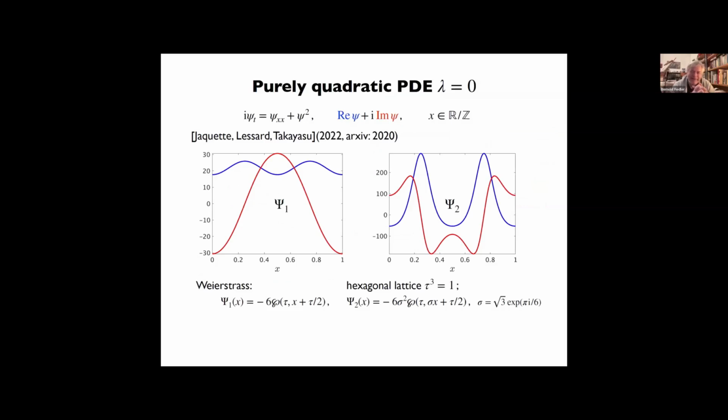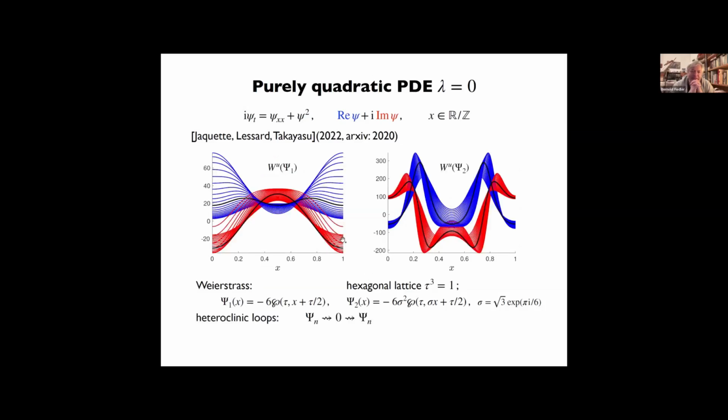They actually calculated this with rigorous numerics, but it can be done explicitly, as I give the explicit expression in the lower line. They did this with verified numerics. And on the next slide, you see the beginning of unstable manifolds of these. Next slide, please. Yes. So in real and imaginary parts, real part is blue, imaginary part is red, and they find heteroclinic orbits in the Schrödinger equation, heteroclinic orbits between these psi's and the trivial solution.